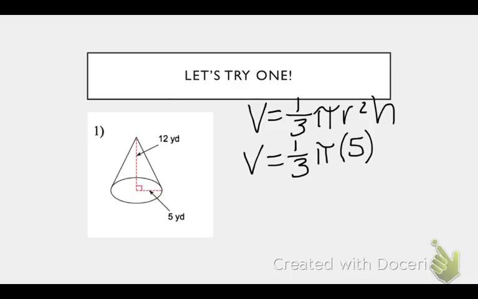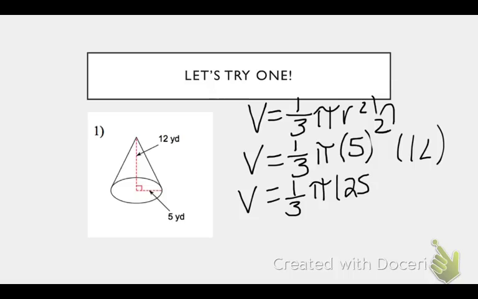That's half of the circle, squared. And then h is how tall the cone is, and that's 12, times 12. All right, so next, volume equals 1/3 pi times 25 times 12.